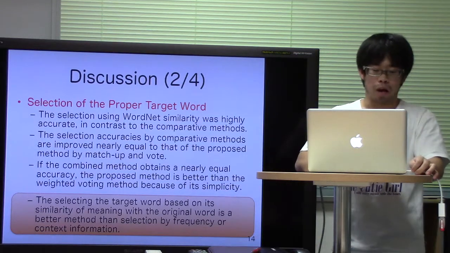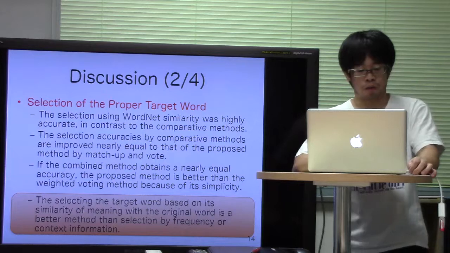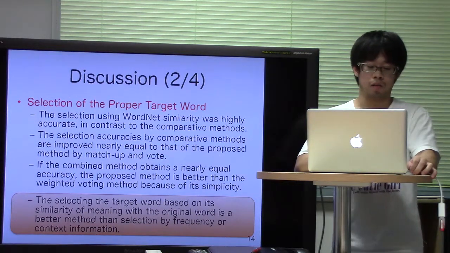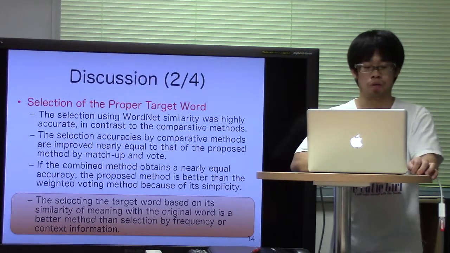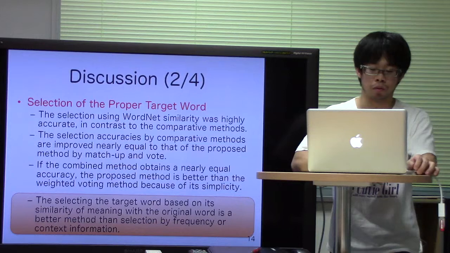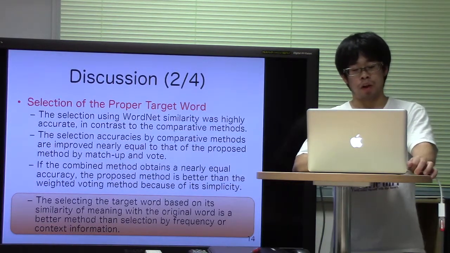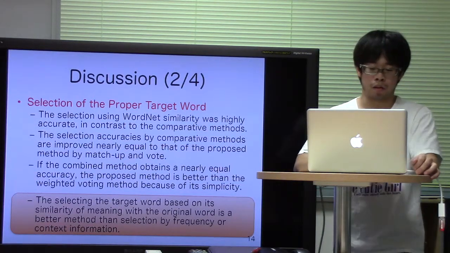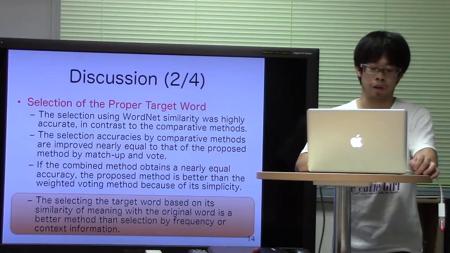Moreover, by combining the WordNet similarity method and the 5 comparative methods, the voting method achieves an accuracy rate nearly equal to that of the proposed method. If the combined method obtains a nearly equal accuracy, the proposed method is better than the weighted voting method because of its simplicity.